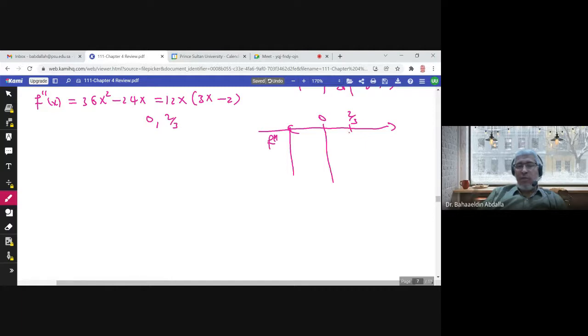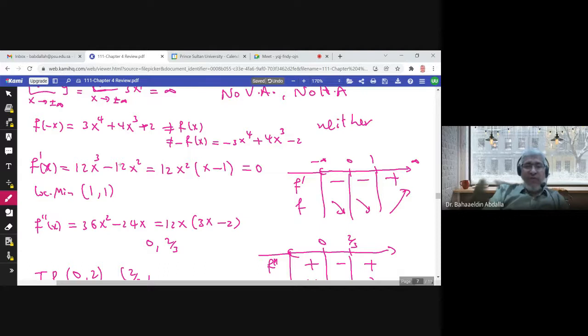So what is the sign of f double prime? Well, it is x squared. So between the two zeros, the sign is negative, opposite to the sign of x squared, and outside the sign is positive. So concave up, concave down, concave up, and I have two inflection points, 0 and 2 over 3, and f of 2 over 3.